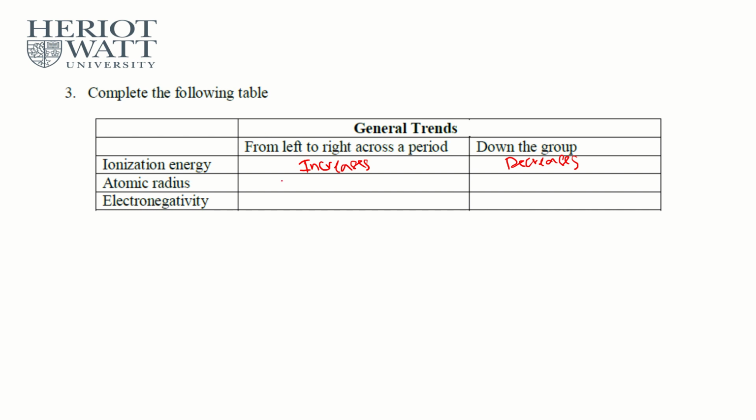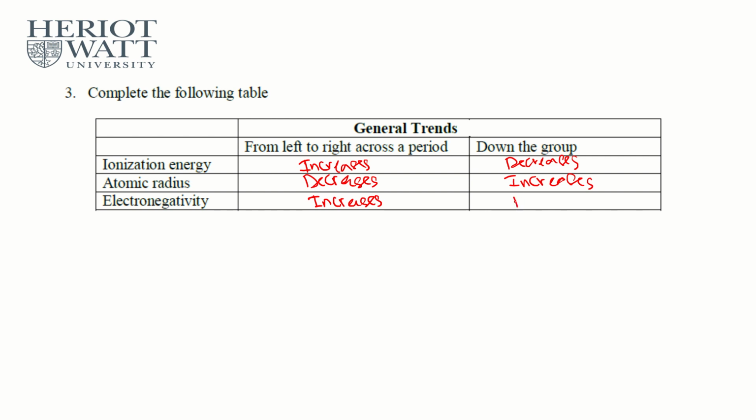So atomic radius, what happens to the atomic radius when you move across a period? Atomic radius decreases, and down the group it increases. All right. Electronegativity, the tendency to attract electrons, to accept electrons, across a period increases because of stronger core charge, while shielding effect stays constant.